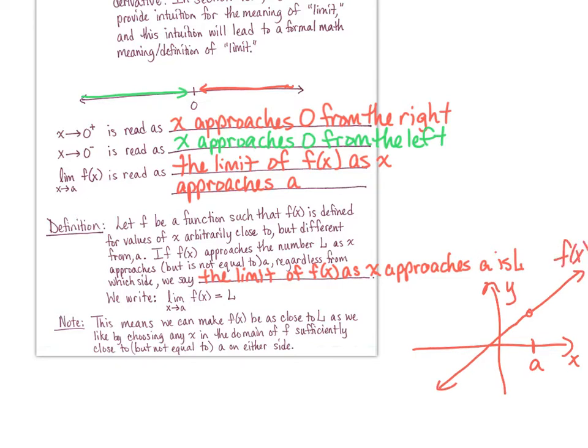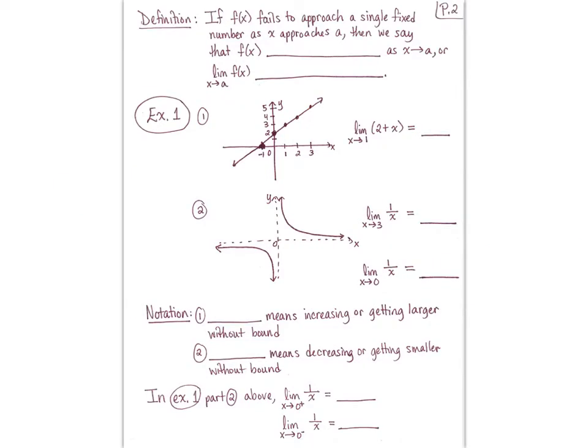So in other words, what you see, let's call this L. So as you notice, as x gets closer and closer to a on either side, the function gets closer and closer to L. That's what this means graphically. That's what's happening. So as long as it gets close to it, it's approaching it, we say it's equal to L. It doesn't necessarily have to be equal to a there. Okay? All right.